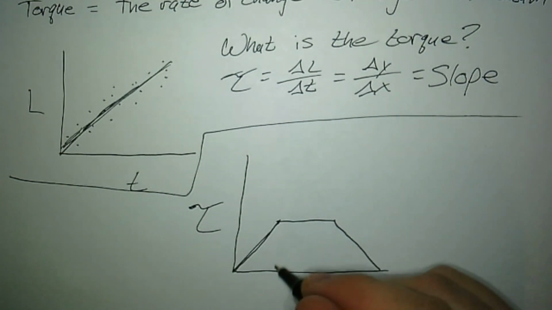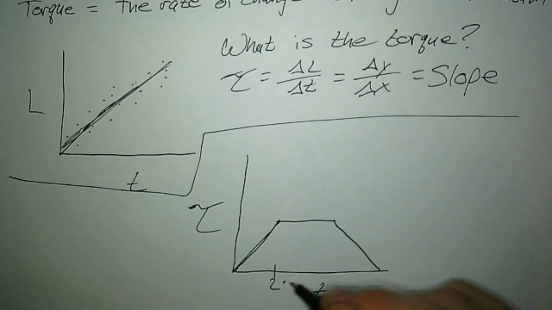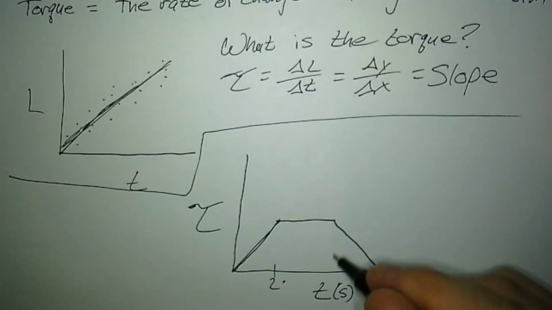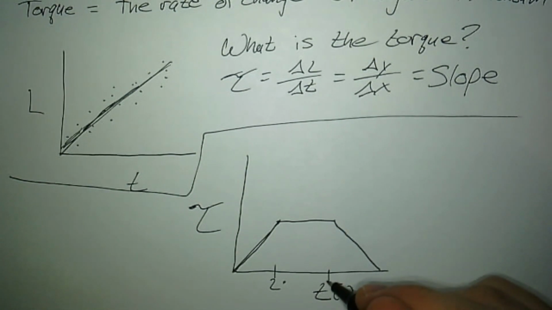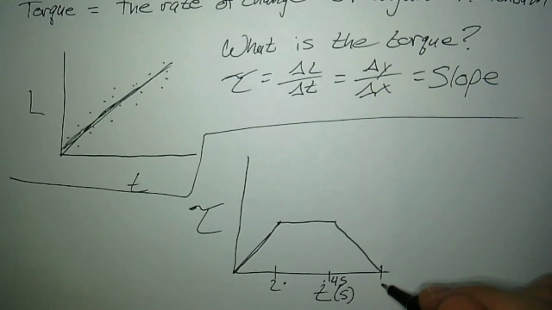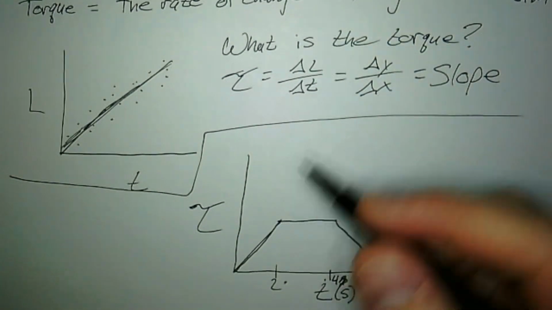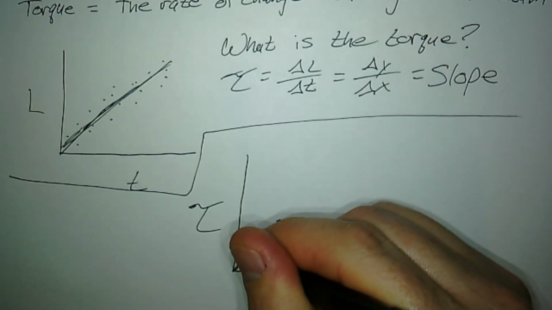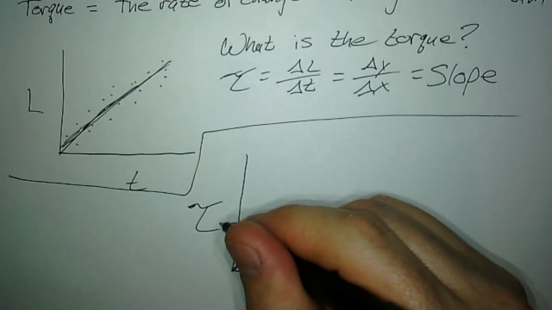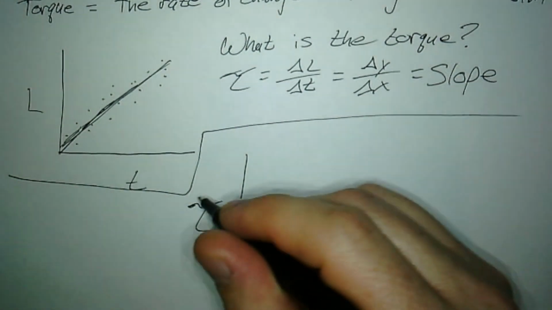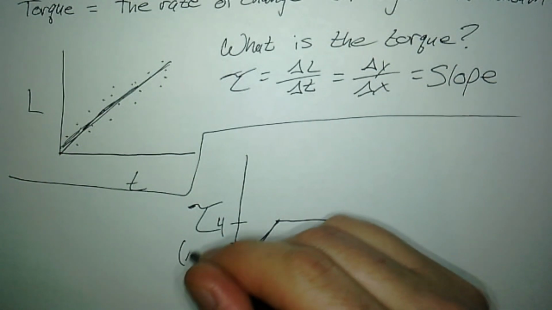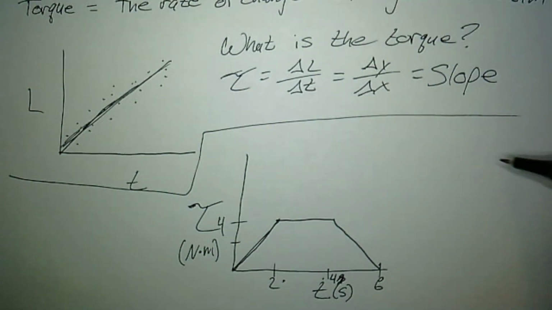So we're going to say this is going to be 2 seconds. Let's put seconds as a variable in here. This will be 4 seconds, and this will be 6 seconds. I don't need to put the s there because I already have it here. And then on this axis, we're going to say this is going to be, let's say 4. And so I need to put the units here of newton meters.